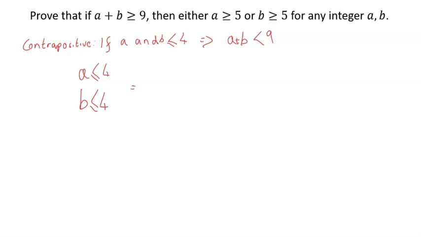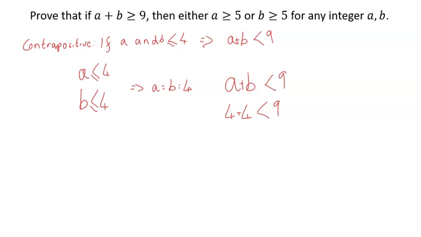Even if I take my max values, so a being equal to b being equal to 4, what that means is a plus b at most has to be less than 9, because a plus b would be 4 plus 4, which is less than 9. So it would hold for that side of the coin, hold for that statement.